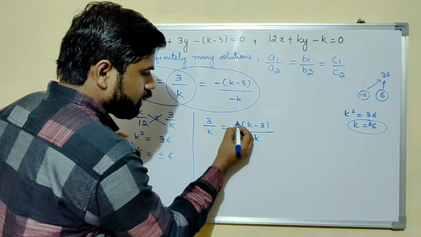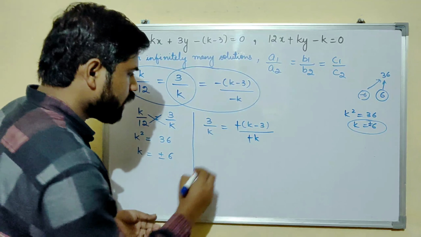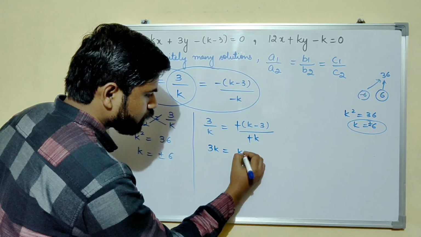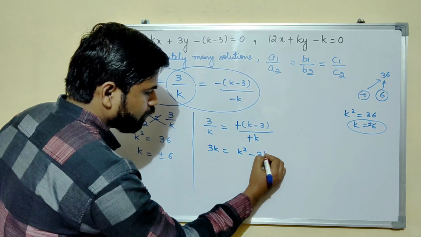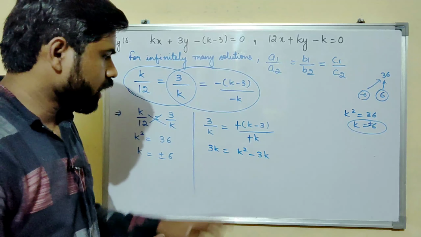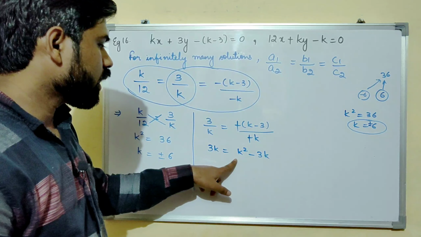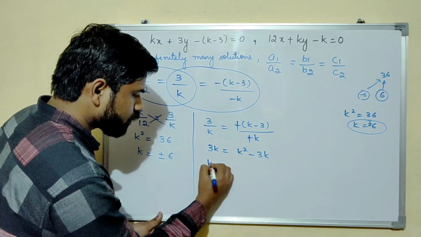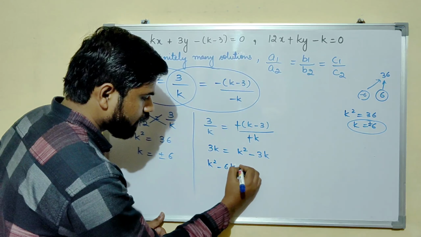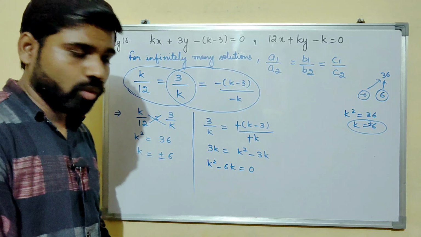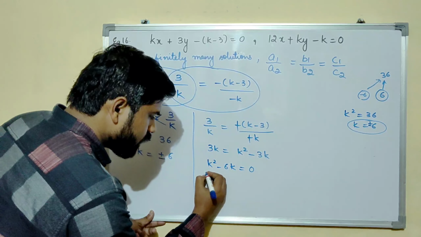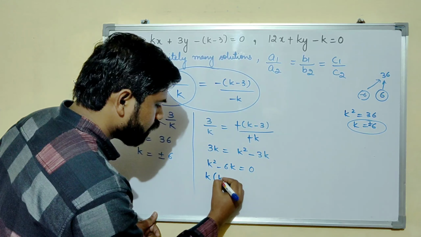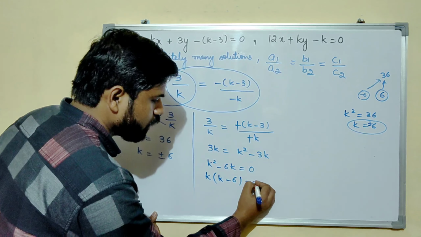Let us cancel this minus sign and cross multiply. 3k equals k square minus 3k. Let us bring this to the right hand side. k square minus 6k equals 0. Let us factorize this. k can be taken as common. k into k minus 6 equals 0.